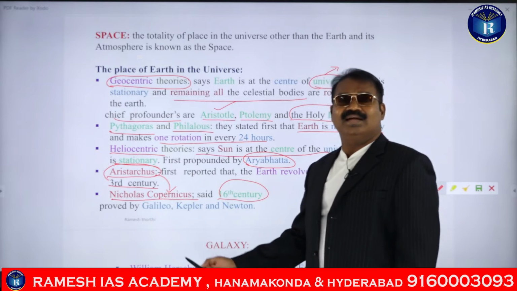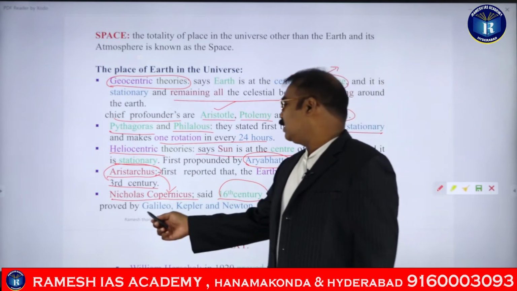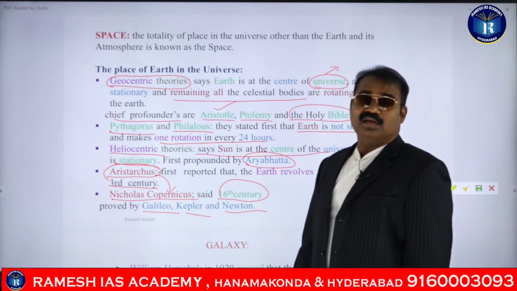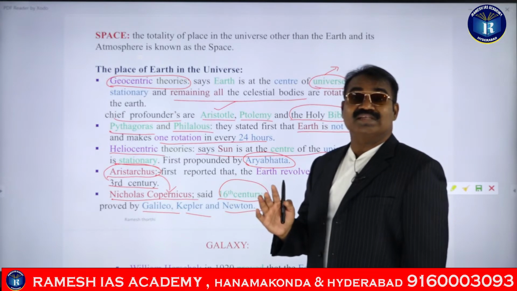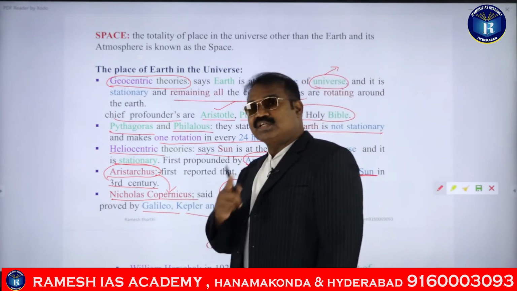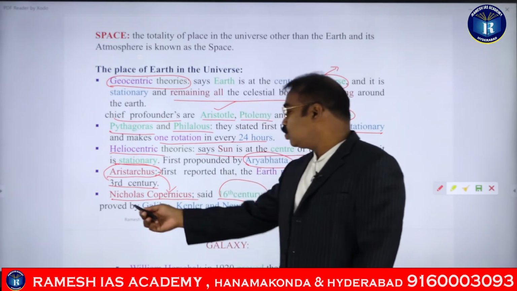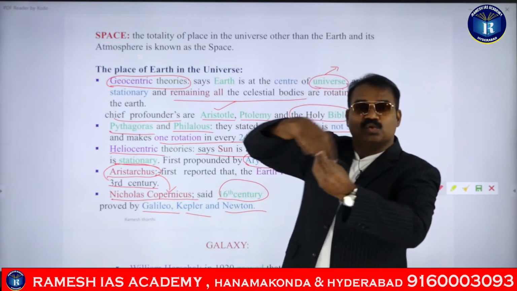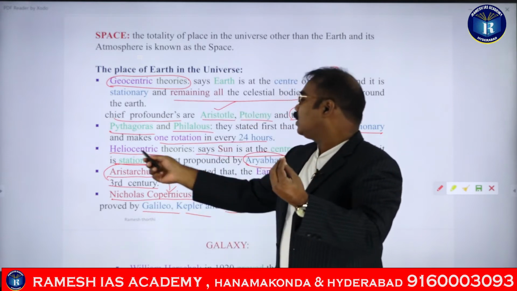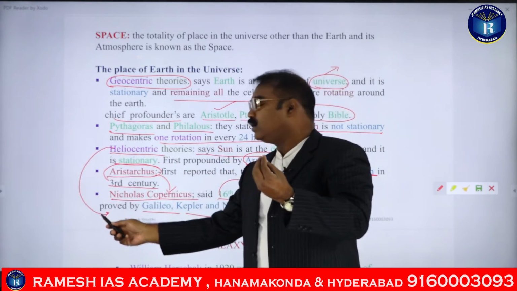And we know that later it was proved by Galileo, Kepler and Newton. These are the people who proved that the earth revolves around the sun, but the sun is stationary and the sun is at the center of the universe, guys, mind you. Though they proved that the earth is going around the sun, they were believers of the heliocentric theory only.